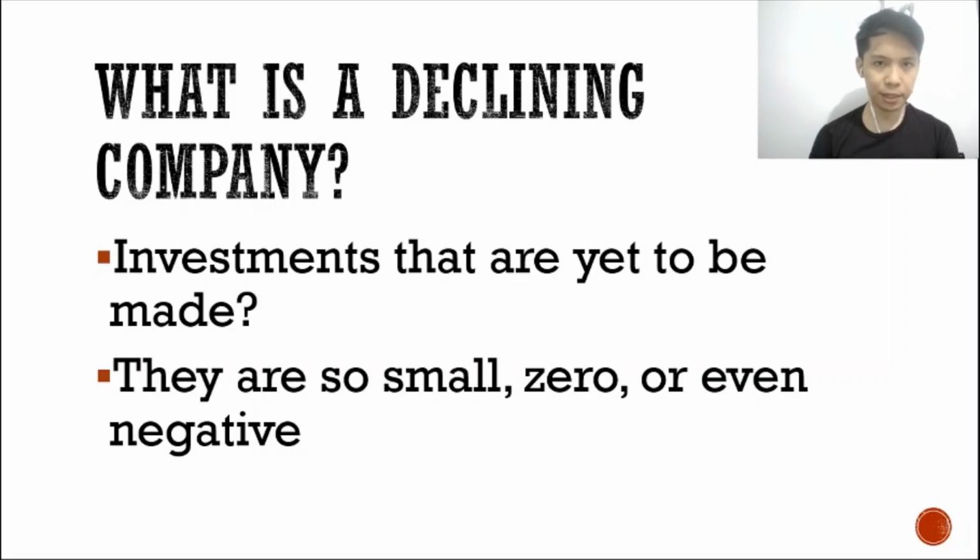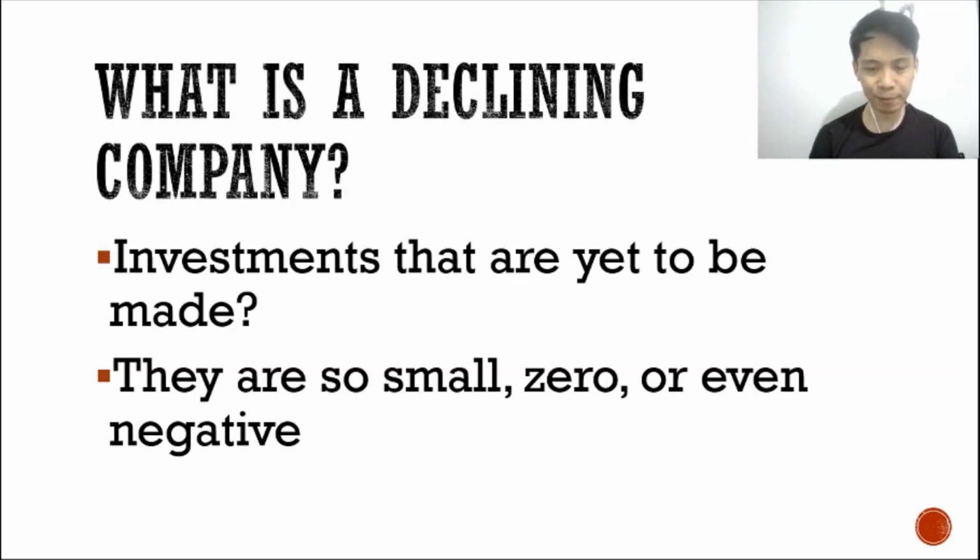Considering that the companies are already at their declining phase, growth is already negative. So it is not unlikely to see that value is being destroyed at the terminal value, for example, with a negative growth rate.